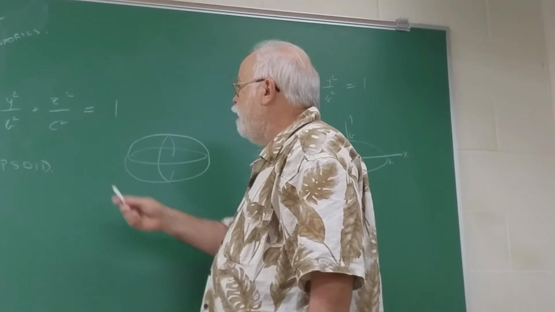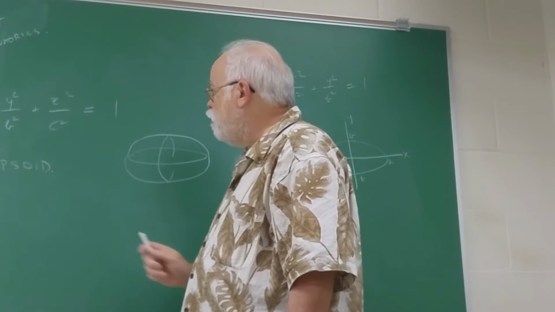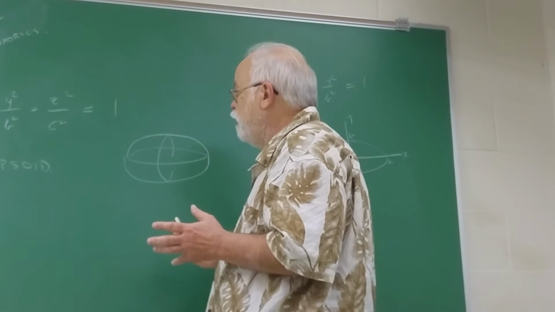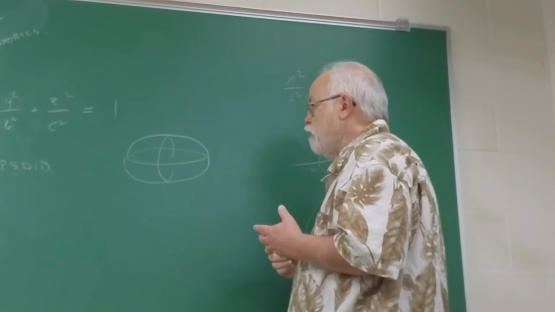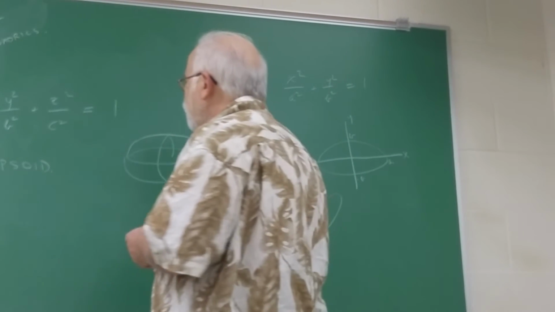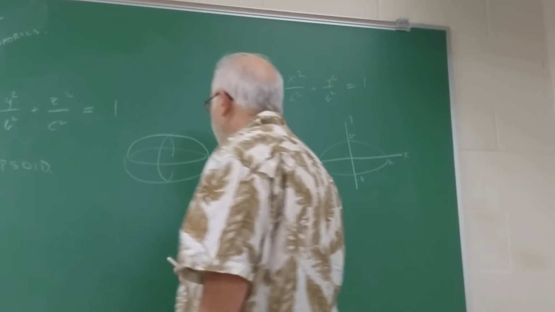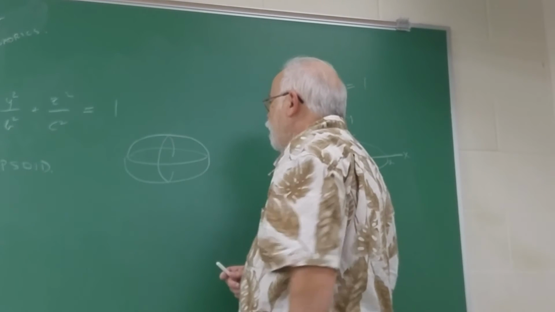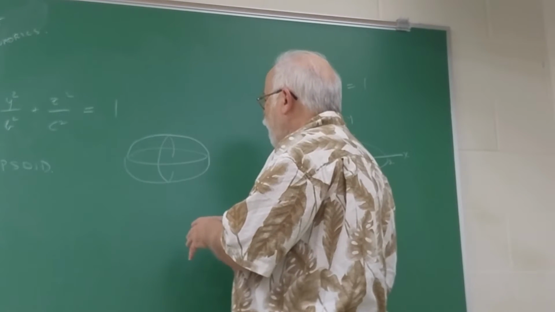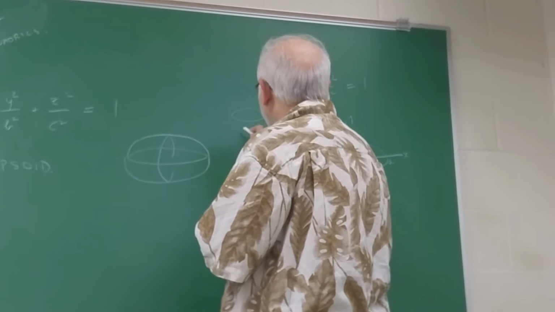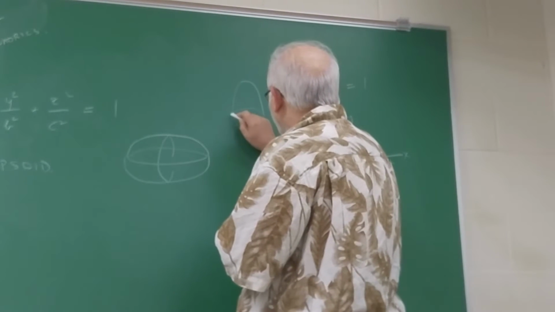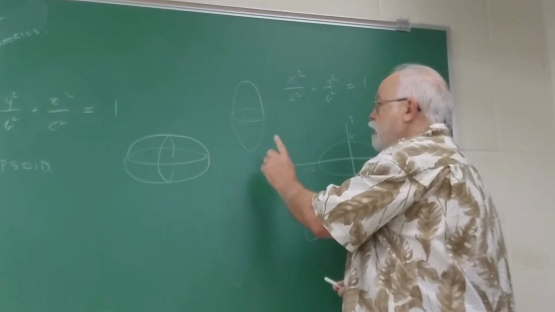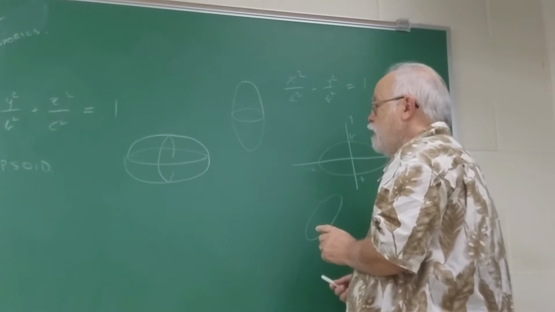And if 2 of these denominators were equal, but not 3 of them, it would still be an ellipsoid, but there would be a little more symmetry involved. So if, for instance, a and b were equal, then the cross section here would be a circle. It would be like we revolved an ellipse around the z-axis.